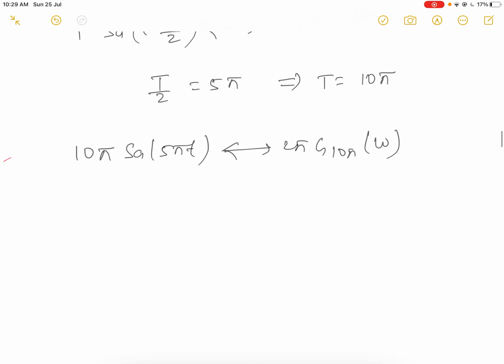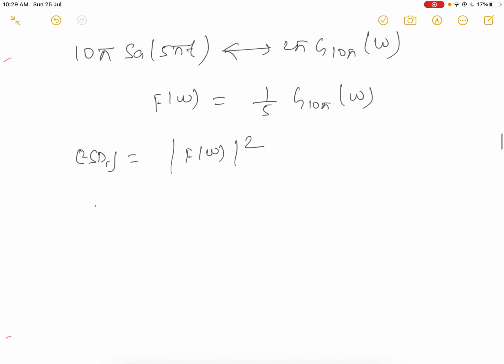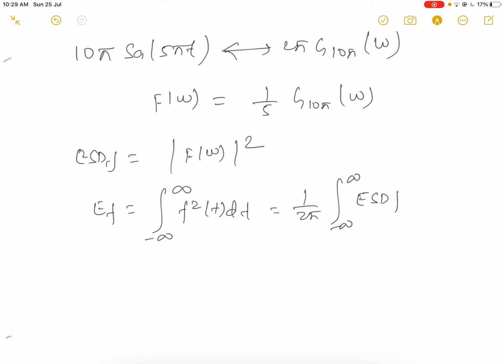So the Fourier transform F(omega) will be 1 by 5 g of 10 pi omega, and ESD is the mod of F(omega) square, and the energy E_F is equal to the integral from minus infinity to infinity of f square(t) dt, which is equal to 1 by 2 pi integral from minus infinity to infinity of ESD d omega.